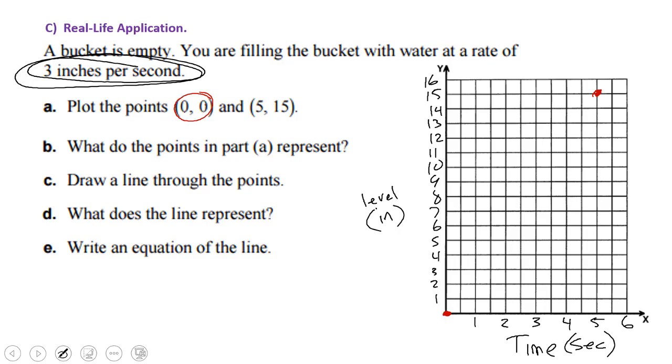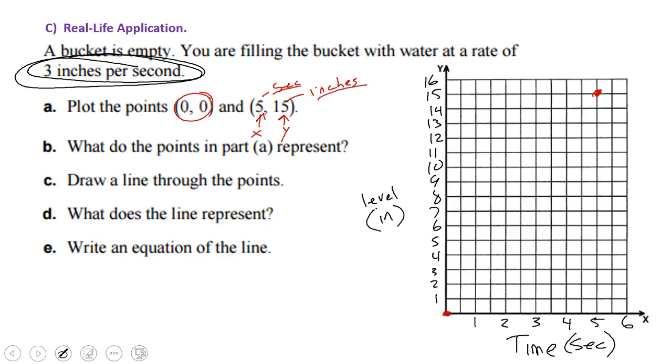No time, no water level. But 5, 15 is going to tell us that x is 5 and y is 15. X is time. So at 5, 15, it says after 5 seconds, the water level in this bucket is 15 inches. Make sense? All right. I hope so. So it's 5 seconds, 15 inches.